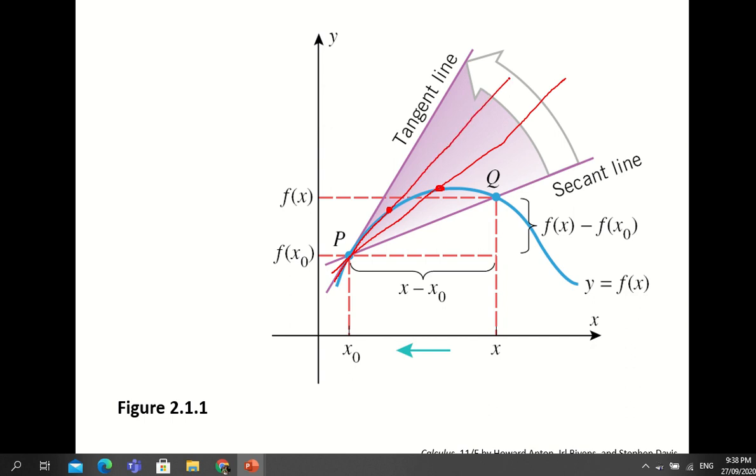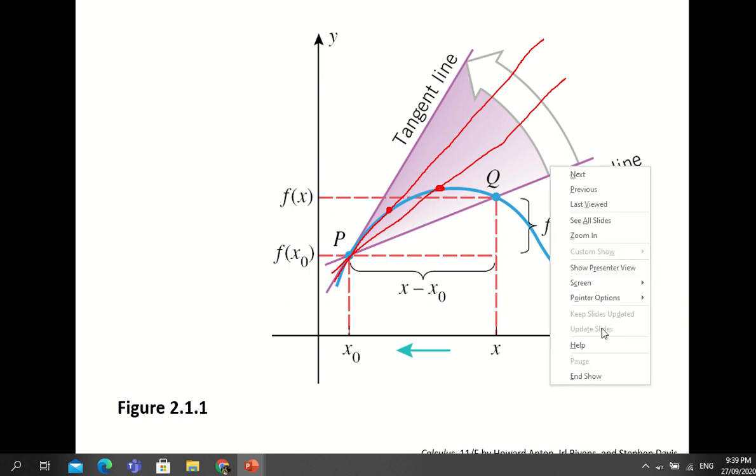Our secant line moves closer and closer to the tangent line. And as point Q approaches P, our secant line will approach the tangent line.